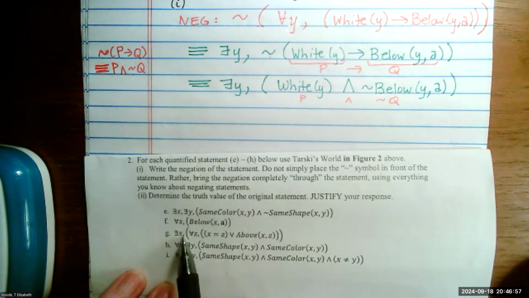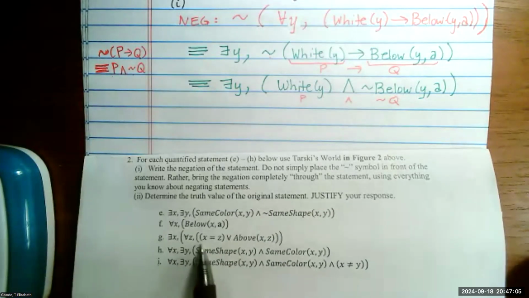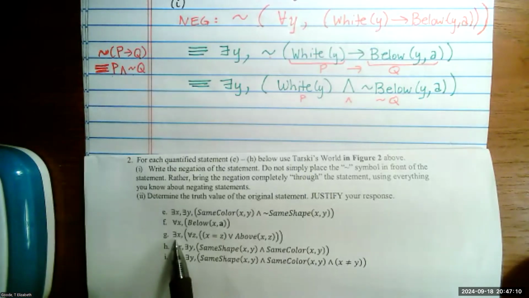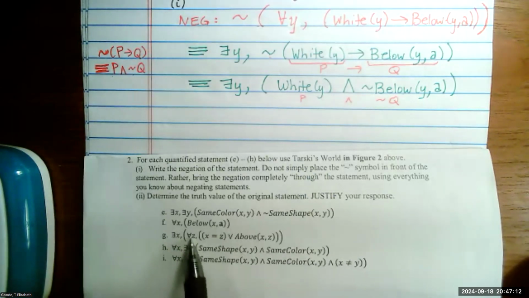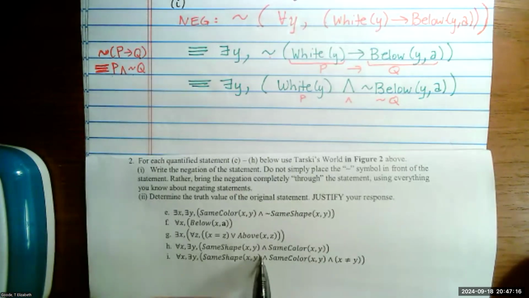The phrase such that follows the there exists to make it sound right. You can think of it as there exists an x with the property that for all z, but we just say such that. There exists an x such that for all z, x equals z or above x z.